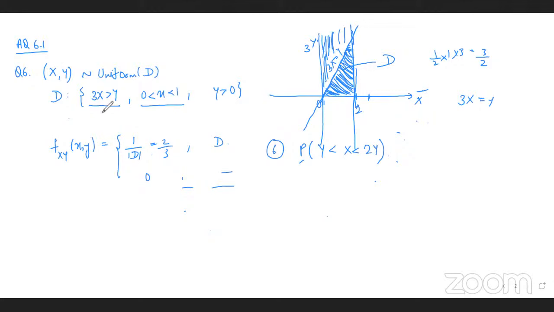But in this case, 3x is greater than y. It means to the x side we are saying this is greater. So any x you take, 3x becomes greater than y. In general, whenever a situation like this happens, you shade the region near to that axis.